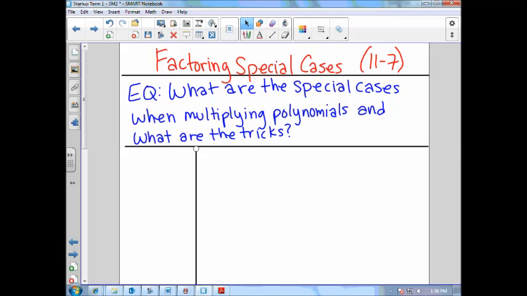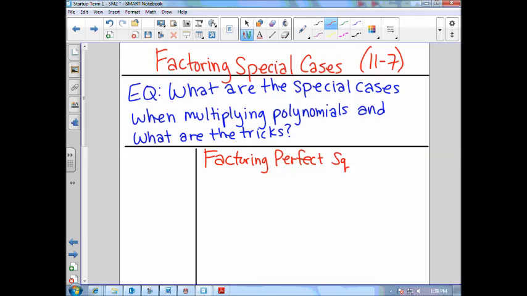Okay, so the first type of special case we're going to do today is called factoring perfect square trinomials. So write that in, please. Factoring perfect square trinomials.